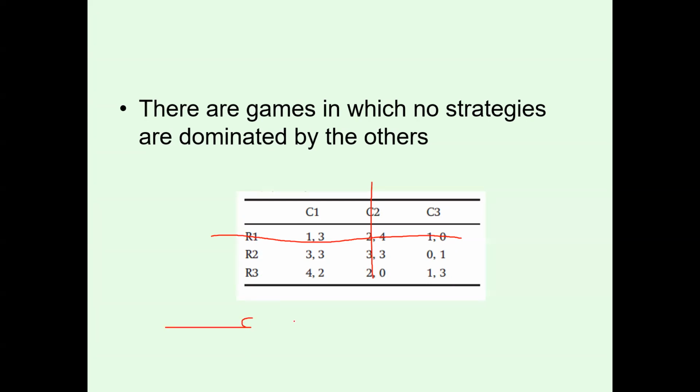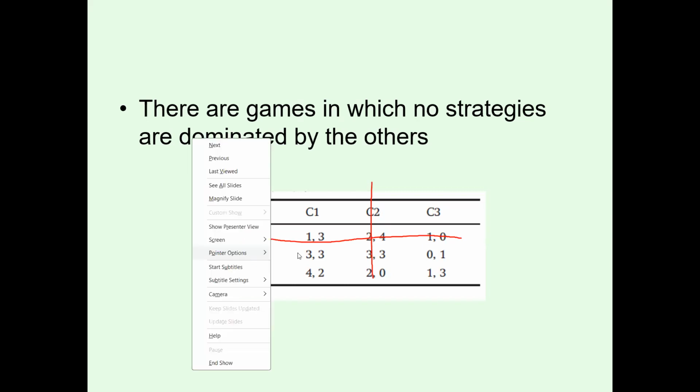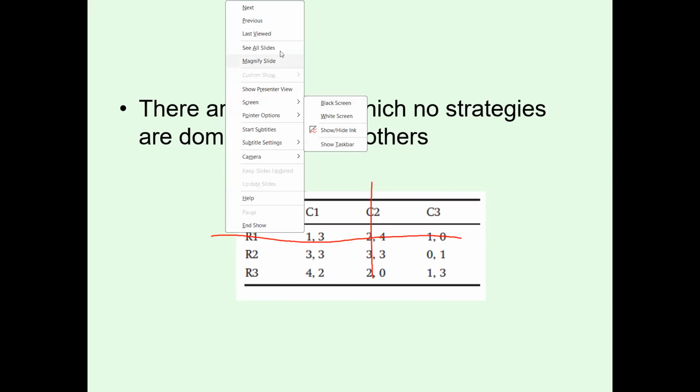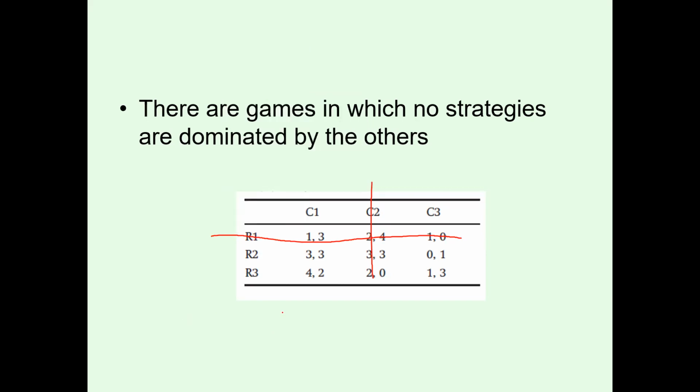We can reduce it to C1 and C3, and R2 and R3, with payoffs 3, 4, 2, and 0, 1, 1, 2.